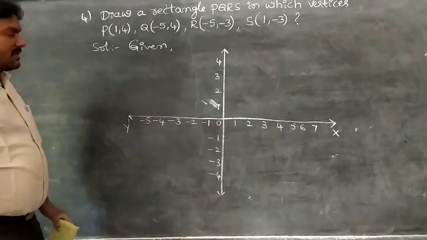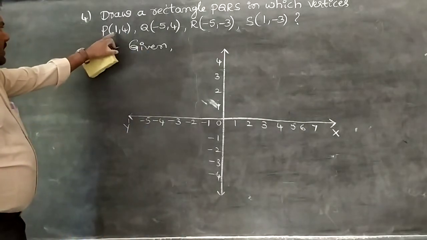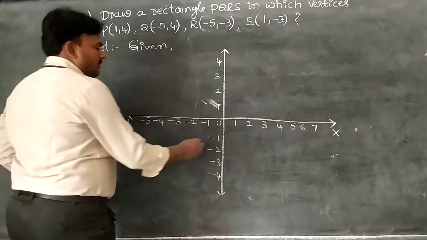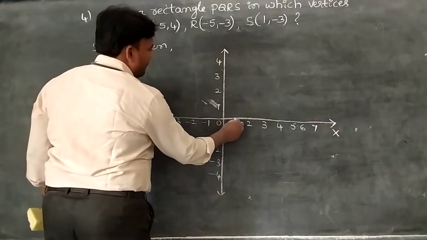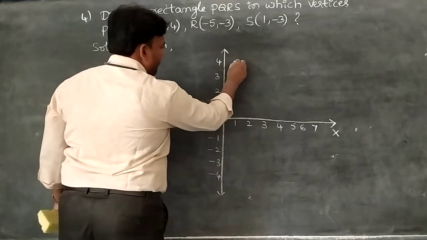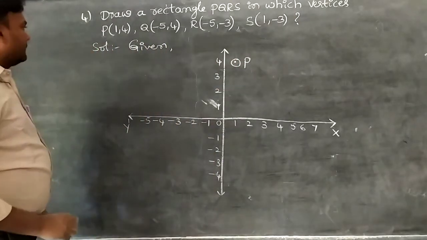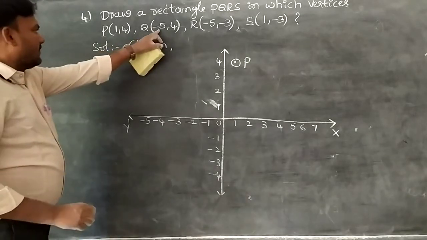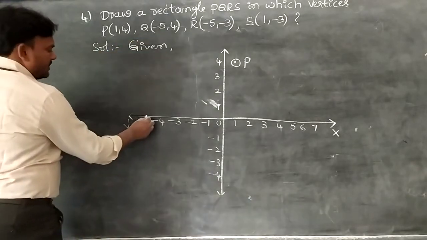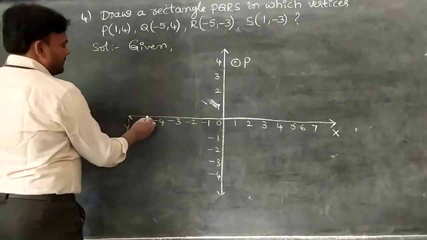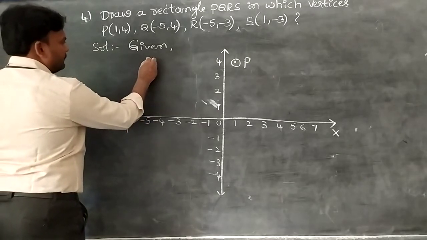Okay, students, observe first of all. Plotting the P point (1, 4): x value 1, y value 4. This is P. Next one, Q (minus 5, 4): x value minus 5, y value 4.